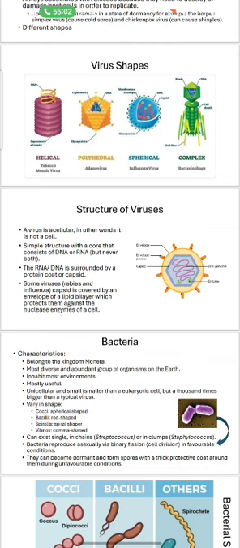Bacteria. Characteristics. They belong to the kingdom Monera. They are the most diverse and abundant group of organisms on the earth. They inhabit most environments. They are mostly useful. Unicellular and small, which means smaller than a eukaryote cell, but 1,000 times bigger than a typical virus. Vary in shape.